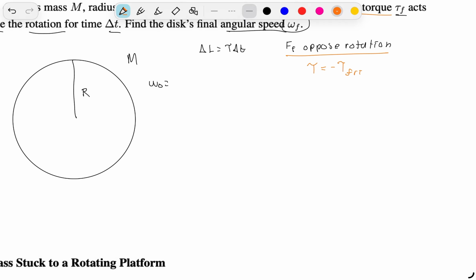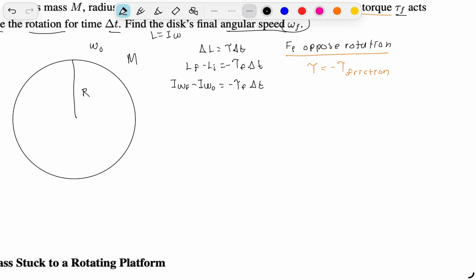So what we can do is write L final minus L initial here is equal to negative torque final delta t. We have I omega final, since L is equal to I omega, minus I omega initial is equal to negative torque final delta t.